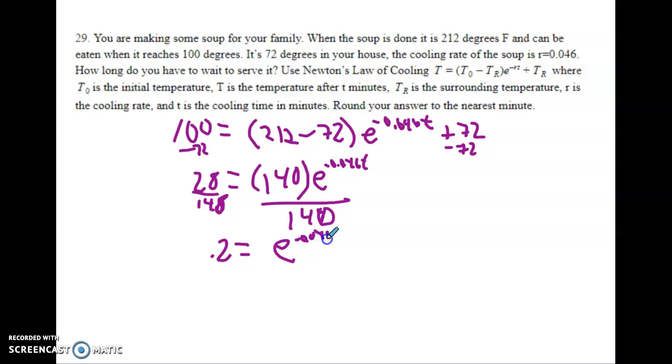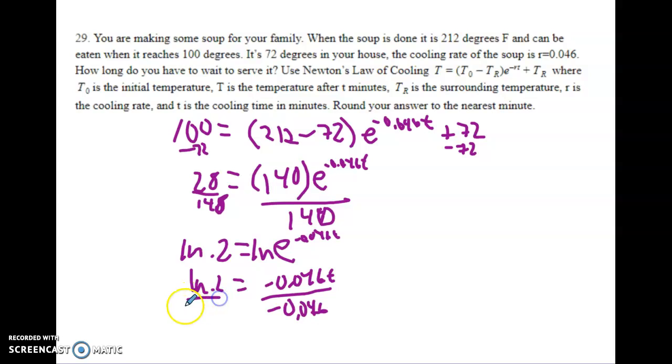Now to get rid of the e, I'm going to take the natural log of both sides. So I end up with negative 0.046 t equals the natural log of 0.2. And my last step, I'm going to divide by this negative 0.046 to get the t alone. I grab a calculator and put in natural log of 0.2, and divide it by that negative 0.046, and you get 34.98.